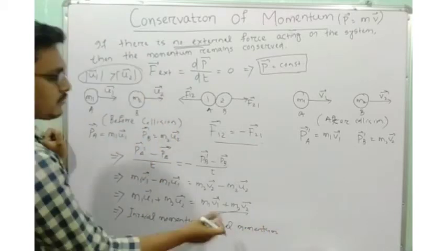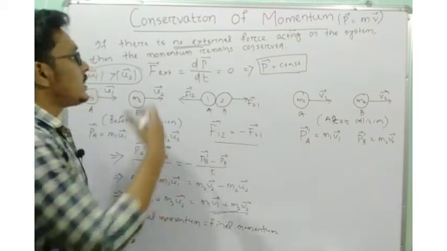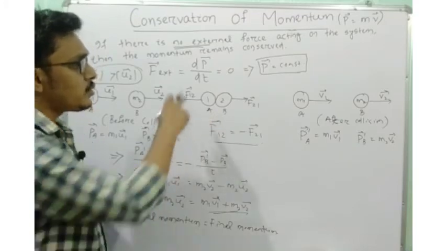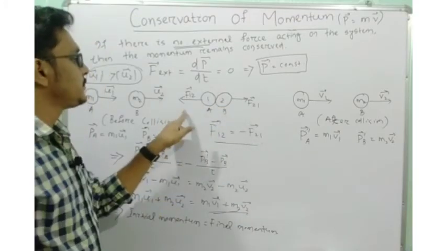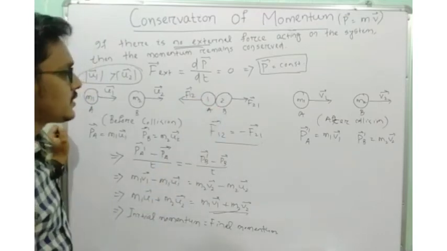That means the momentum remains constant. So we prove that for a system of particles with no external force, only internal forces acting during the collision, the momentum remains constant.